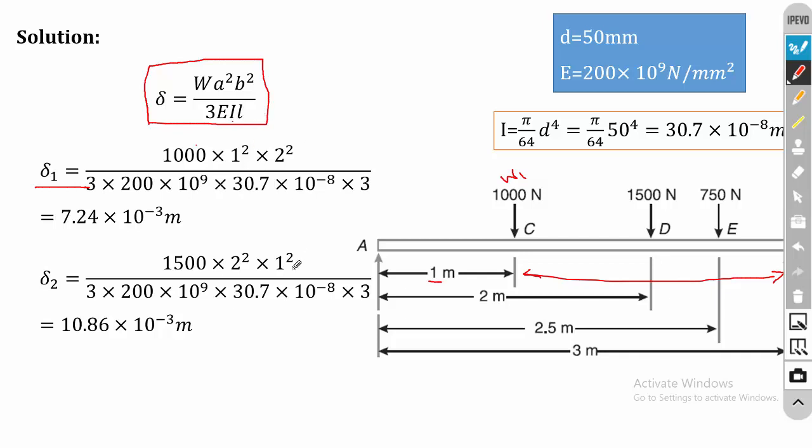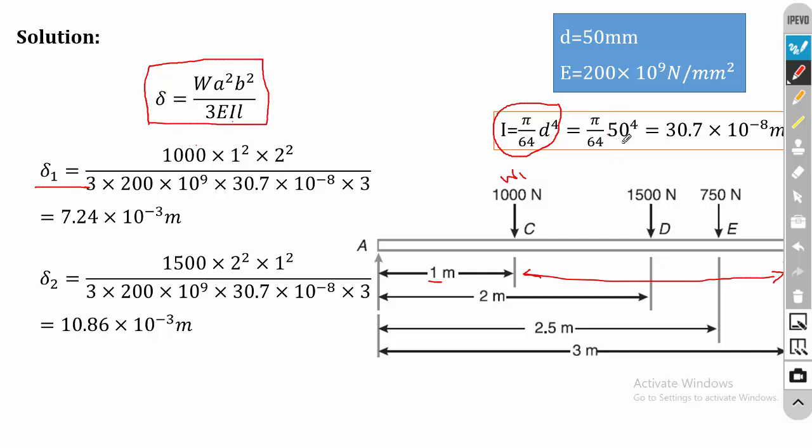Then I, the moment of inertia. Okay, so we know that the equation for moment of inertia for a solid circular cross section is pi by 64 d power 4. In the case of hollow circular section, it is pi by 64 times outer diameter power 4 minus inner diameter power 4. So here it is a solid section. So I am going to substitute the value of diameter. Better you can substitute the value in meter.